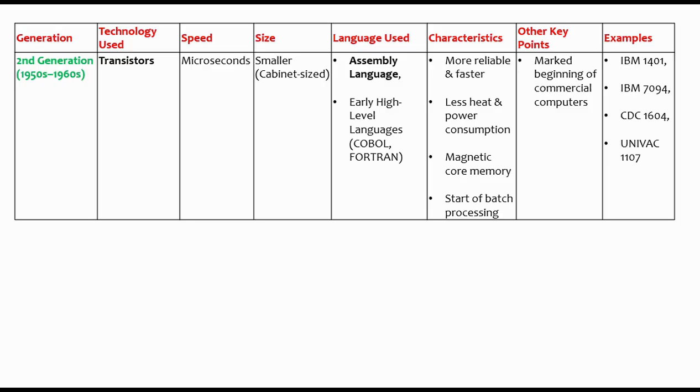Magnetic core memory became the main memory technology and batch processing systems began, where tasks were completed in batches. These computers marked the beginning of commercially sold computers used by businesses. And some examples include IBM 1401, IBM 7094, CDC 1604, and UNIVAC 1107.